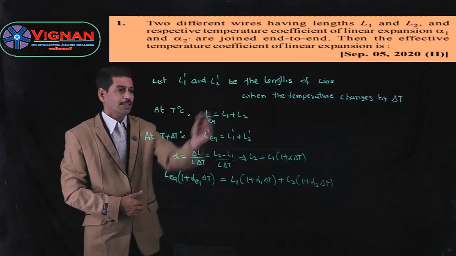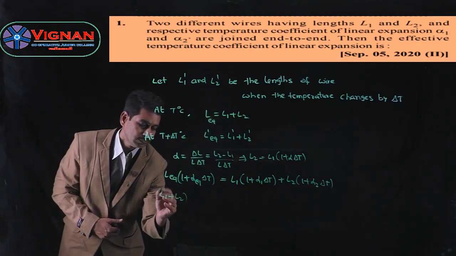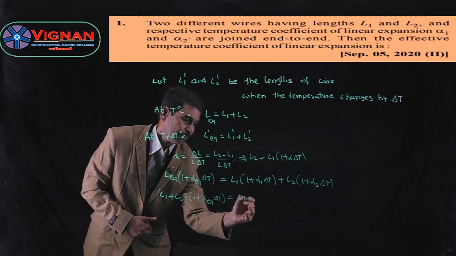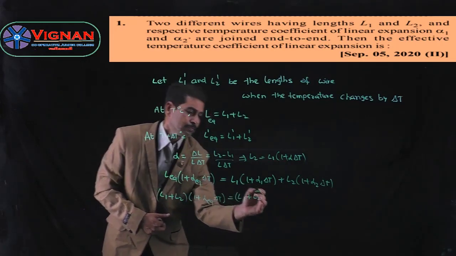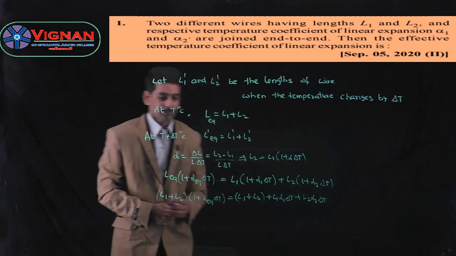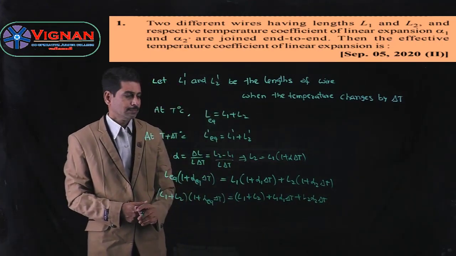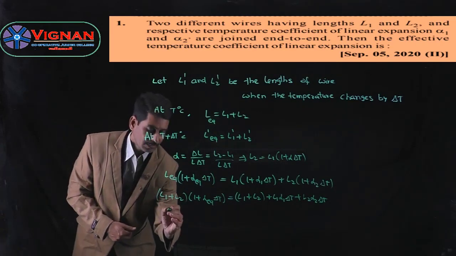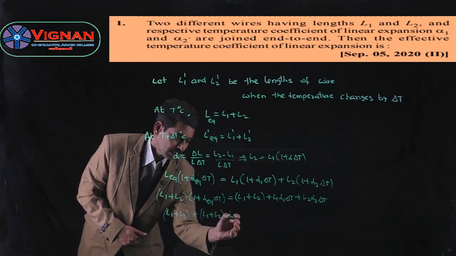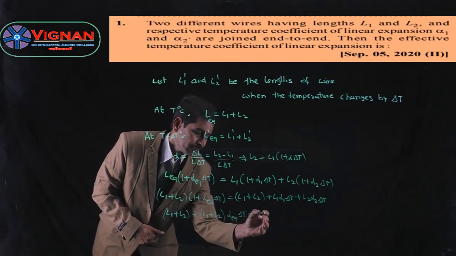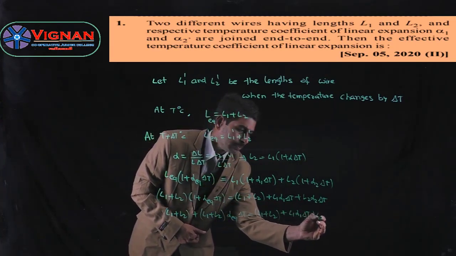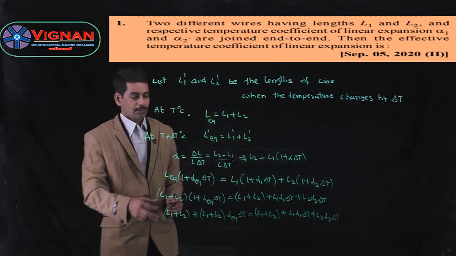L equivalent is nothing but L1 plus L2. So L1 plus L2 into 1 plus alpha equivalent into delta T is equal to L1 plus L2 plus L1 alpha 1 delta T plus L2 alpha 2 delta T. Expanding this, we get L1 plus L2 plus L1 plus L2 alpha equivalent into delta T is equal to L1 plus L2 plus L1 alpha 1 delta T plus L2 alpha 2 delta T. So L1 plus L2 get cancelled.